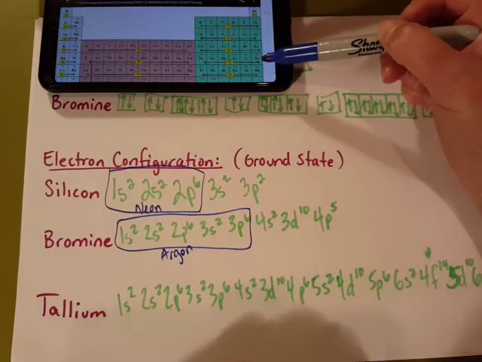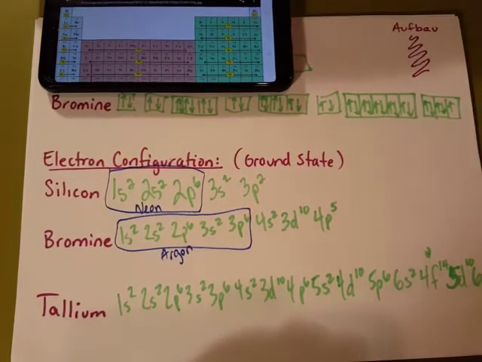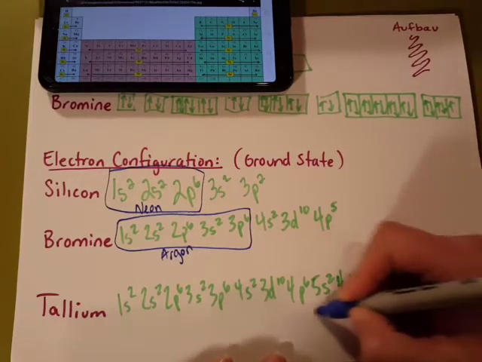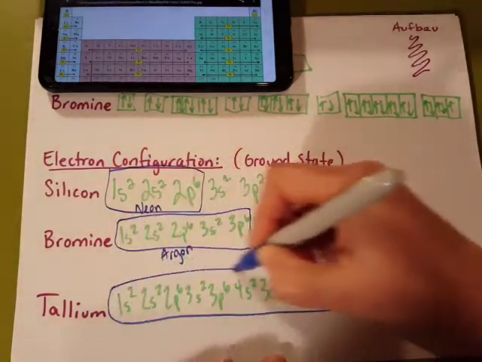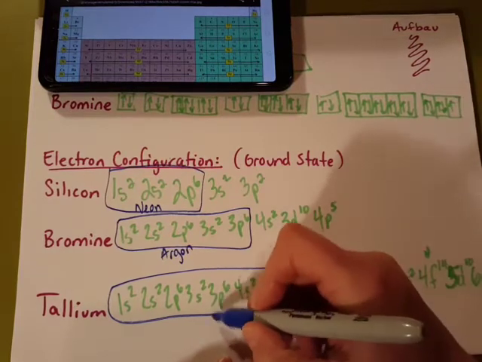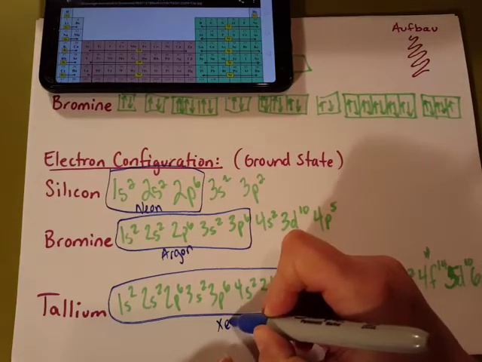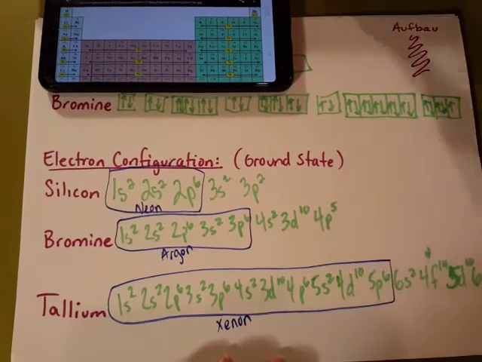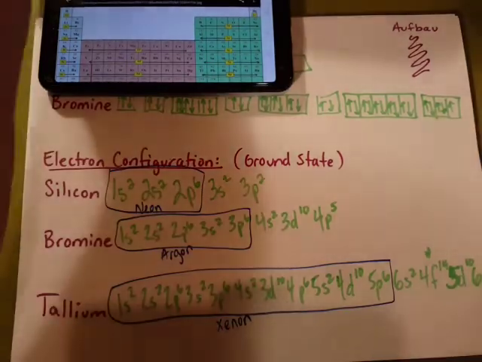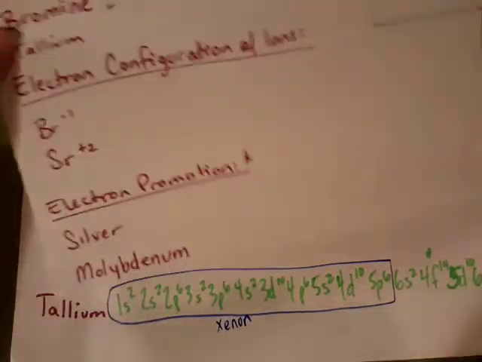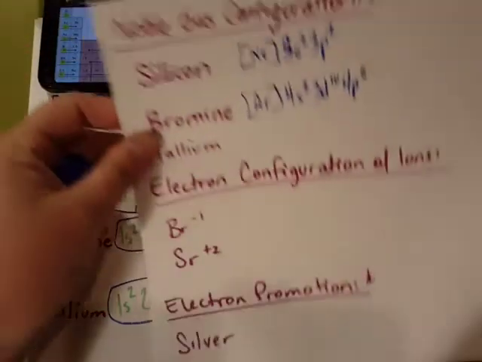And xenon goes all the way to the 5p6. Look at all that we get to save. We don't have to write them all the time. In terms of noble gas configuration, we're just going to write these guys out.